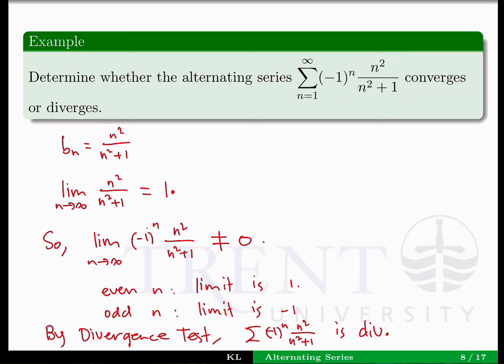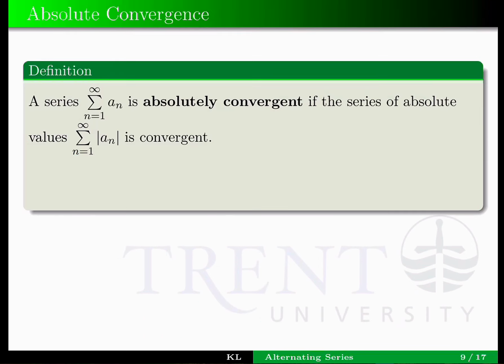Okay? So that's our alternating series and the alternating series test. Now, let me define what we call absolute convergence. A series sum an is said to be absolutely convergent if the series of absolute values is convergent.